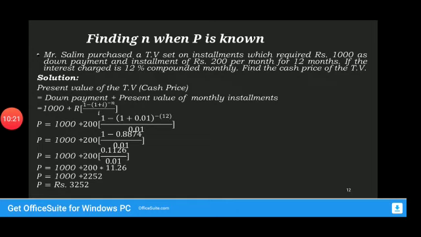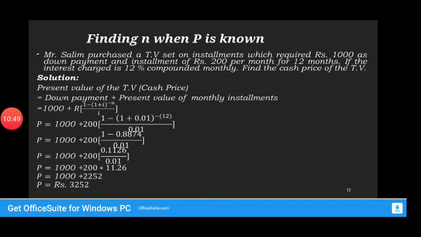So here, what becomes the formula? We need to find the cash price of the TV. The cash price is known as the present value of the TV. So the present value of the TV is equal to down payment plus present value of the monthly installment. We have written 1,000 under the down payment and the present value of monthly installment is given by the formula here. By putting the values in the formula, this is for 1 year, so 12 months.